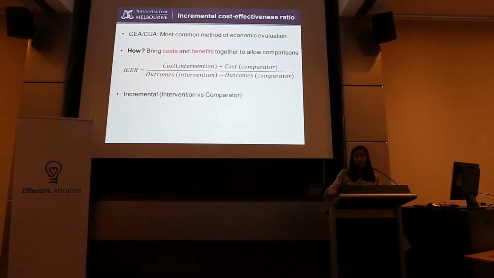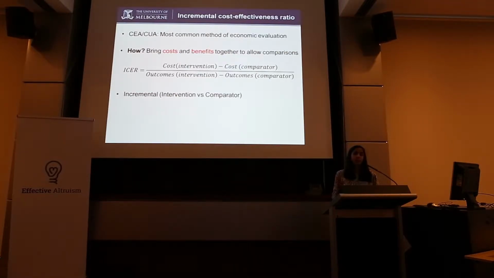So how do you go about doing a cost effectiveness analysis and getting a result? What you're really doing is bringing your costs and your outcomes together into a ratio, which we call an incremental cost effectiveness ratio. And it's really quite simple.